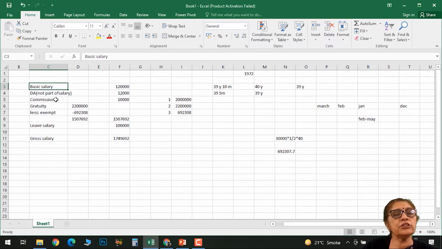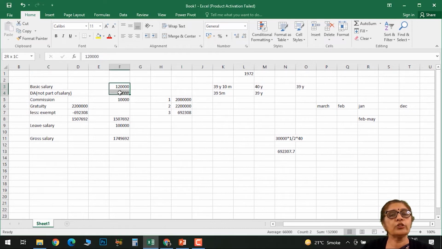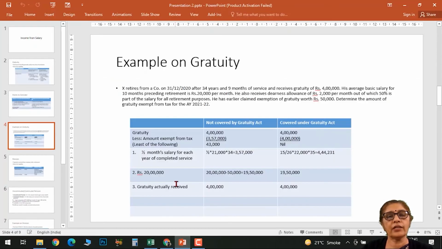Had commission been a percentage of turnover, 10 months of commission. We always have commission for 1 year, so we'll reduce it to 10 months. So together, we will add this and we have this salary for 10 months. Divided by 10, we have 1 month. And that 1 month into half if you are not covered by Gratuity Act.